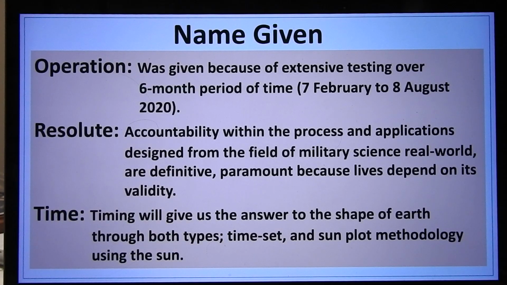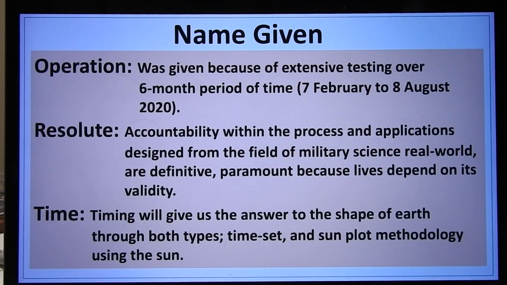That's why I gave it the name Operation Resolute Time. Operation, because it was some of the most extensive testing over a 6-month period on the shape of the Earth. Again, 6 months, 7 February to 8 August 2020. Resolute, because accountability within the process and application, designed from the field of military science, real world, are definitive. Paramount, because lives depend on its validity, its accuracy, and its safety.